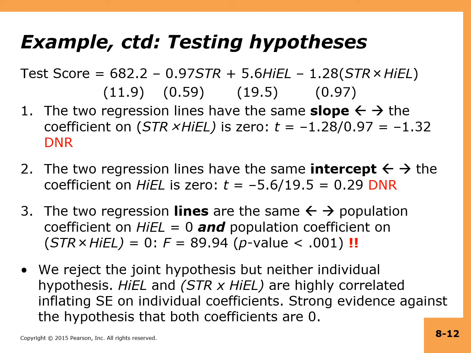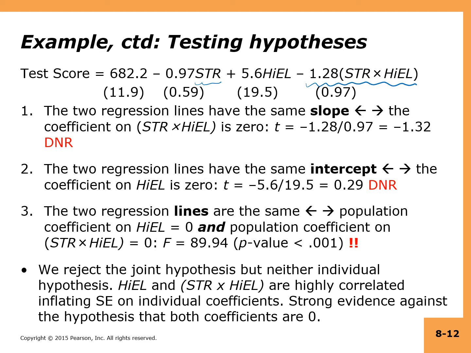So in order to test this, we need to test if the coefficient on the interaction term is equal to 0. If the interaction term is equal to 0, then regardless of the school district's percentage of English learners, the effect of STR will be constant for both school districts.